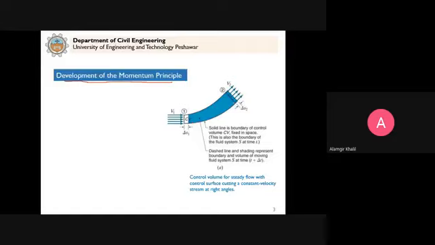The system moves, and at section 1 there is an inflow of the fluid and there is an outflow from the fluid at section 2.